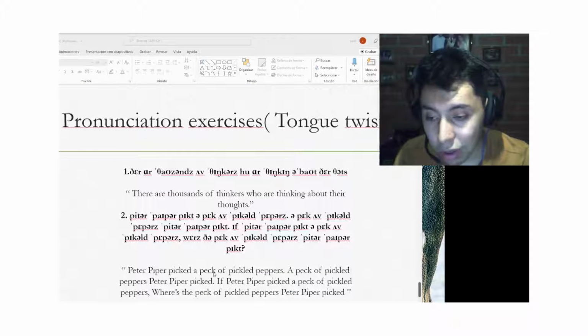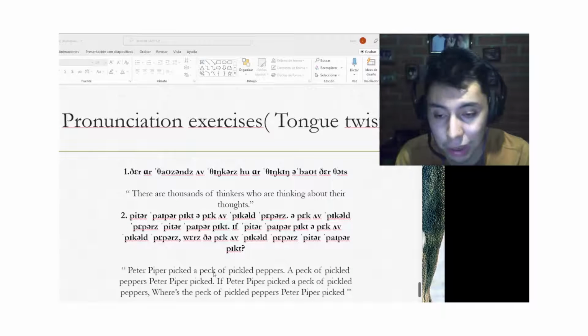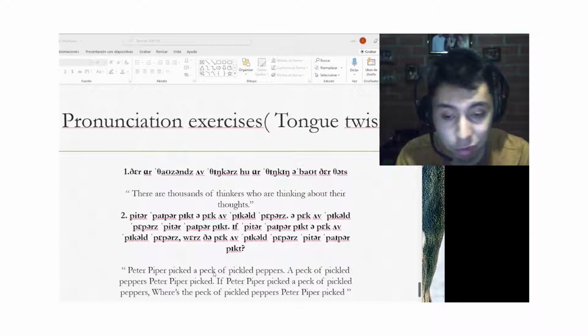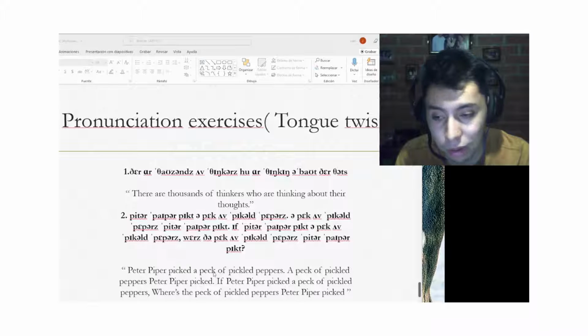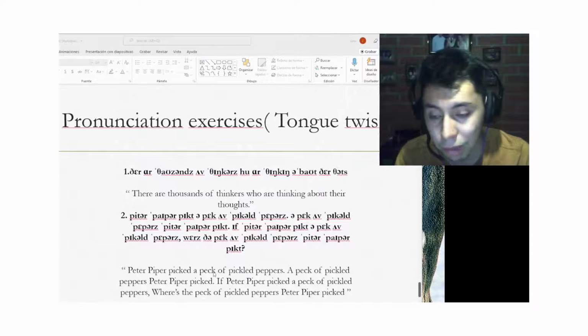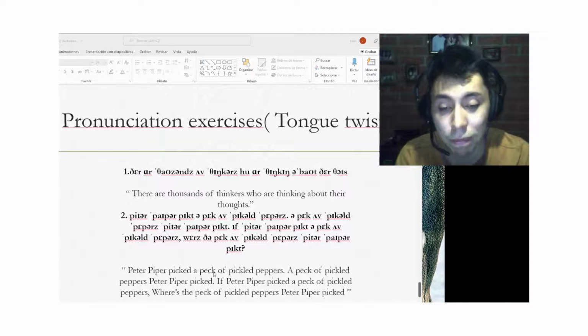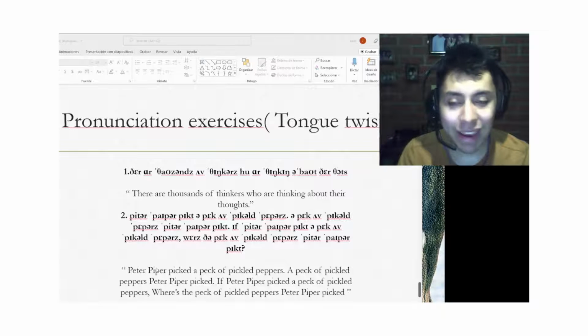We can start by saying: Peter Piper picked a peck of pickled peppers. A peck of pickled peppers. If Peter Piper picked a peck of pickled peppers, where's the peck of pickled peppers Peter Piper picked?